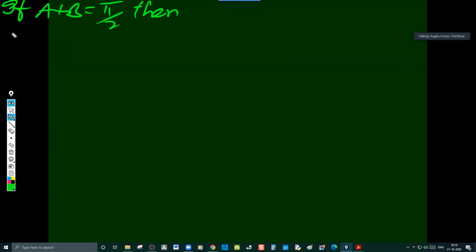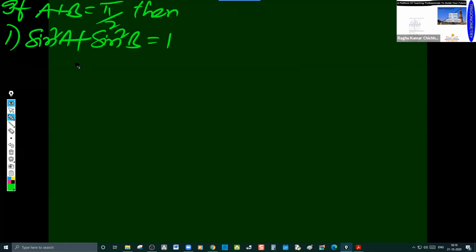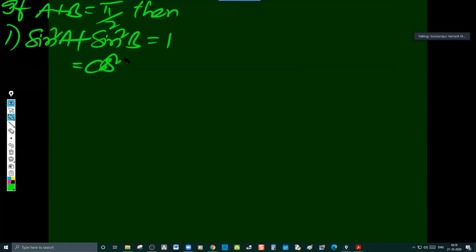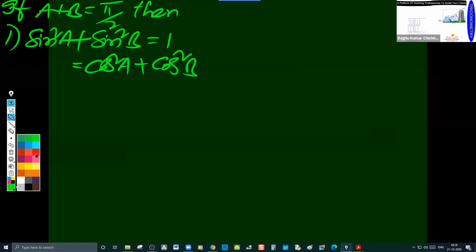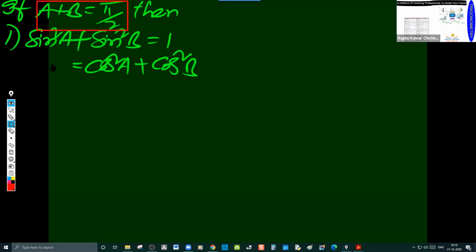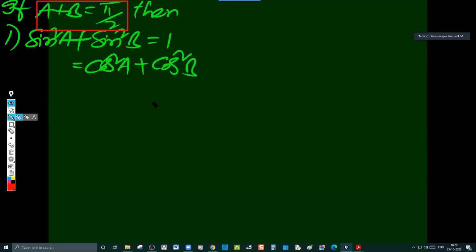Sin square A plus sin square B is equal to 1, and even it is equal to cos square A plus cos square B. So to form the question, the first and foremost condition to be remembered is A plus B is equal to pi by 2.